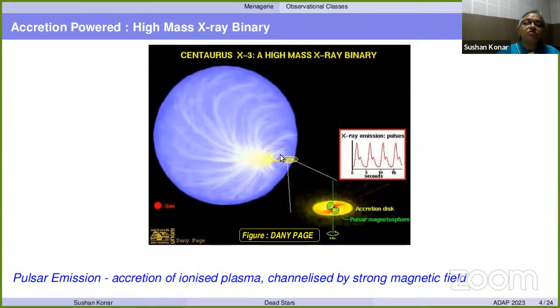Material is falling onto a neutron star, and that is giving rise to X-rays. And because of the strong magnetic field, that X-ray is being channeled in a beam, and again, the star is rotating, so you get X-ray pulses. So these function as X-ray pulsars, and they are in HMXBs.